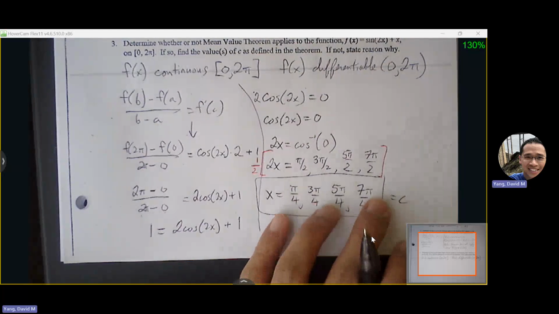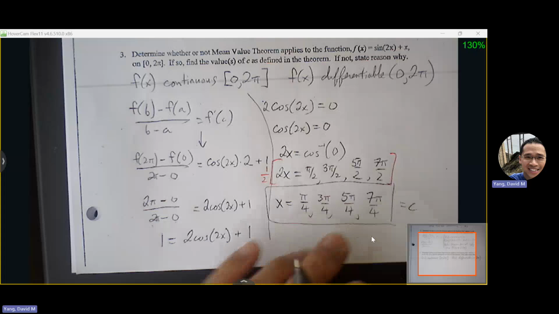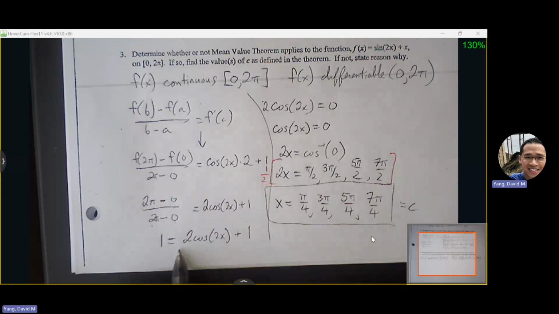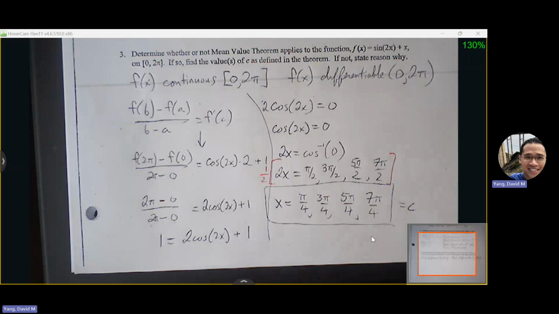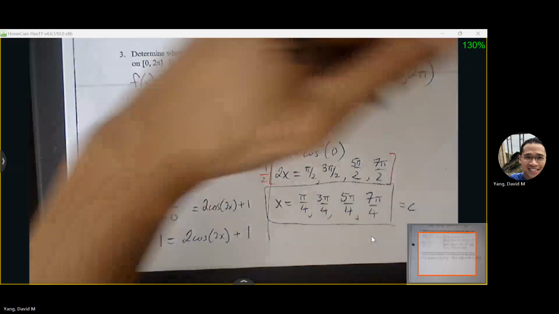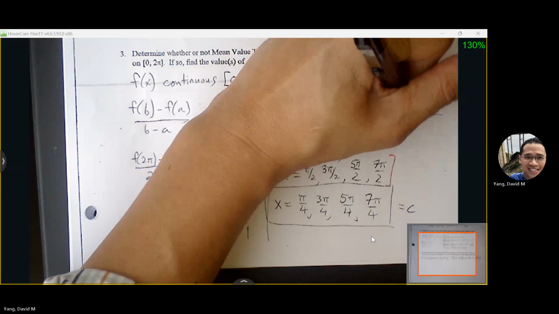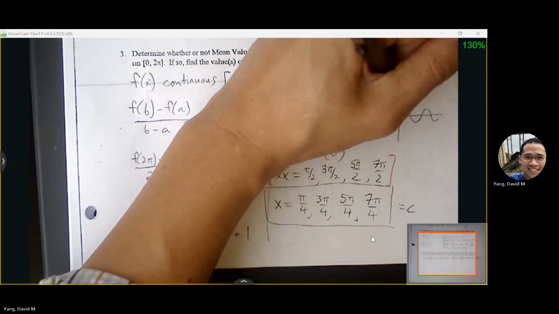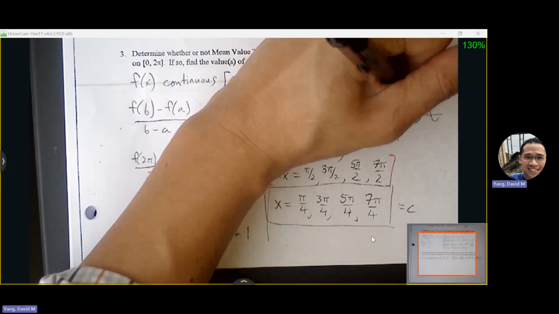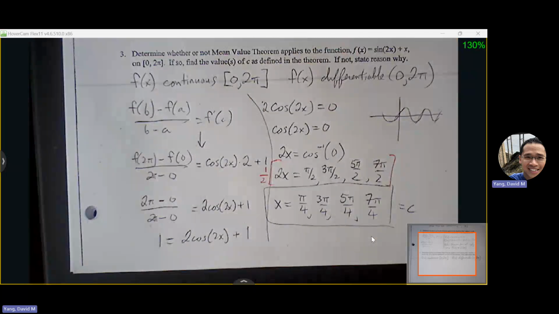So we have 4 places on the curve where the graph is experiencing a slope of 1. At pi over 4, at 3 pi over 4, 5 pi over 4, and 7 pi over 4. Across this sine graph, all these places where the graph is experiencing slope 1s.